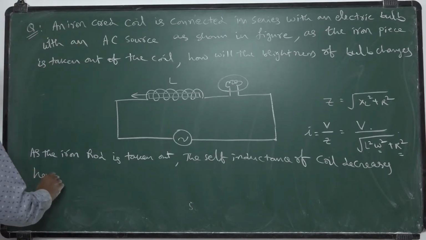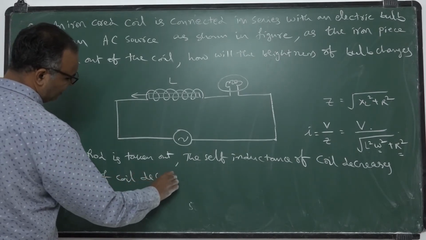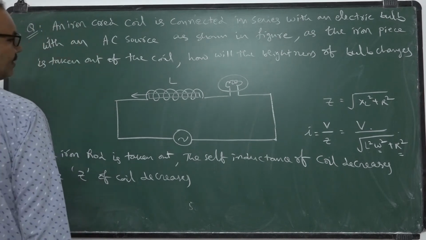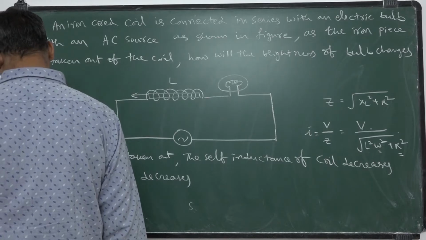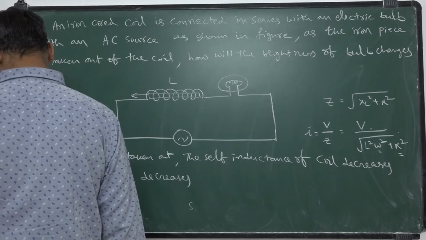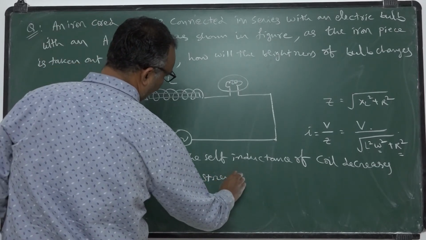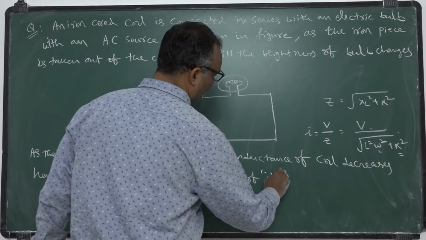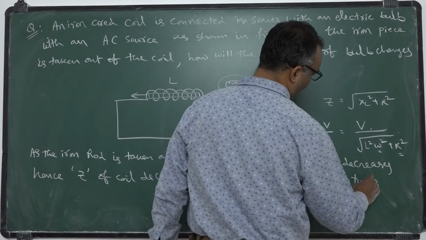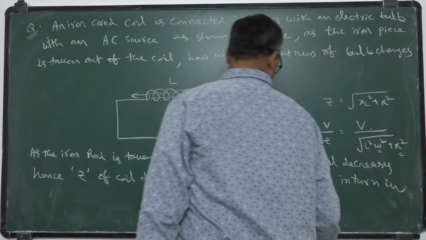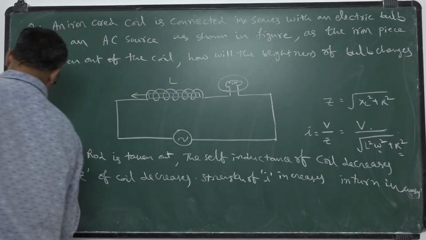Hence, Z of coil decreases. When impedance decreases, strength of the current increases, hence power consumed increases. In turn, it increases the power consumed by the bulb.